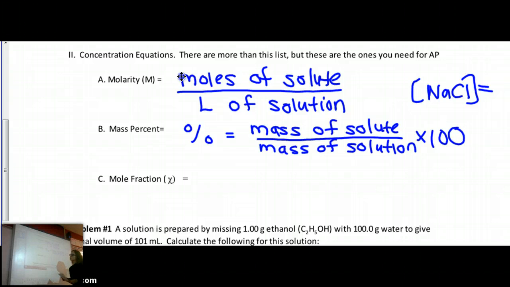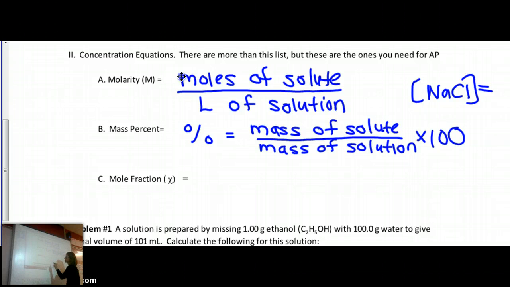And then a final way that you can calculate concentration is using the mole fraction. If you remember, we learned about the mole fraction back in chapter 5, especially helpful when we were dealing with partial pressures of a gas mixture or solution. Just to refresh our memory, the mole fraction symbol is chi, that weird X, a Greek letter.